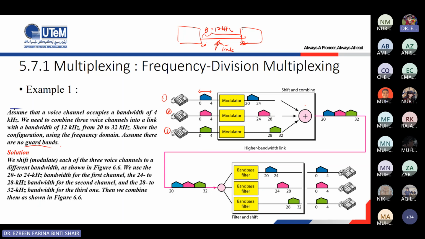Then you combine these, and you get a signal that varies from 20 to 32. Only then can you send the signal through the link that you already have. This is the multiplexer part. At the demultiplexer, you have the bandpass filter, and it will demodulate the signal again to get the 3 signals separately.